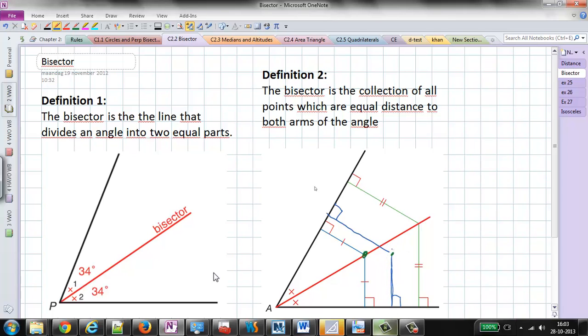In other words, this point is not on the bisector of this angle A. All right, so now we know what an angle bisector is. What we're now going to do is actually construct one.